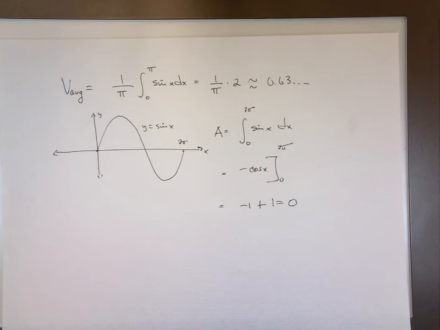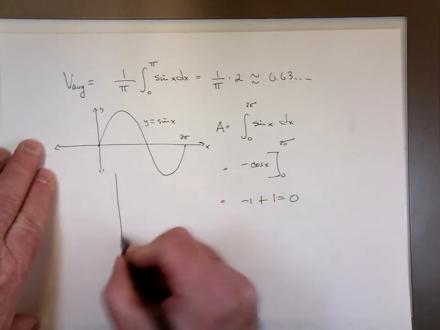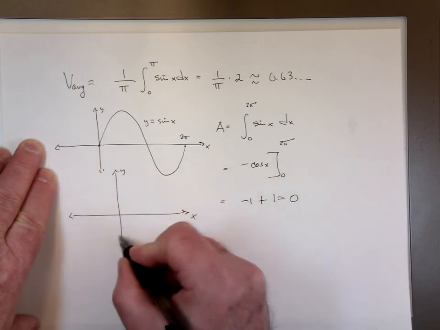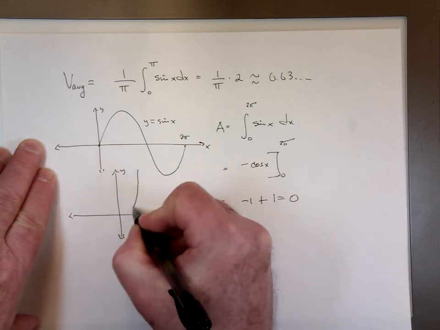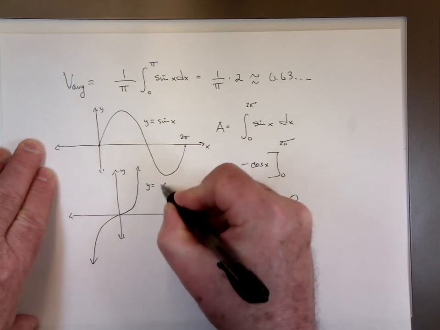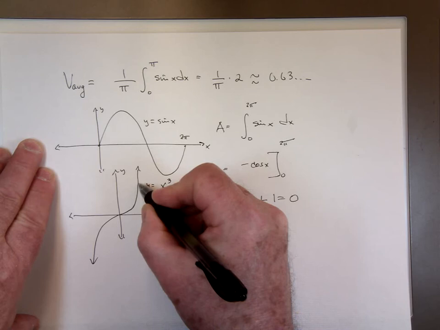Oh, cubed. I thought you said squared. It's 0. Yes, if you had x cubed from say negative 1 to 1, that also would be 0.